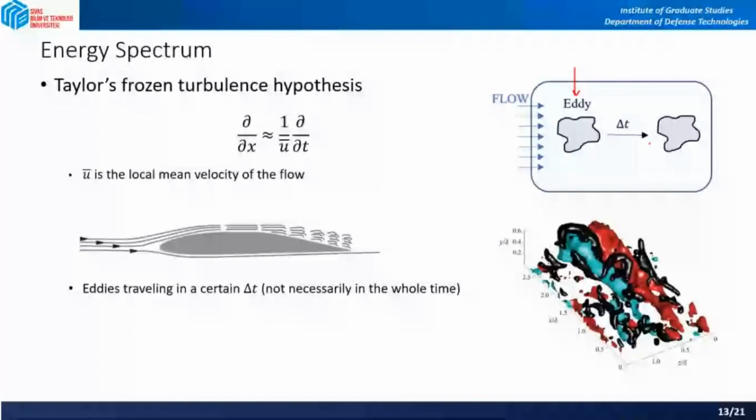while they are traveling in a certain, for example, delta t time, not necessarily the whole time, just a small time, delta t time. They may keep their shape like this, what you are seeing in here, those incoming eddies. In many engineering applications, we have to use this hypothesis that eddies preserve their shapes along a small delta t time.